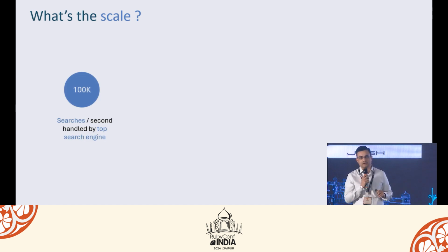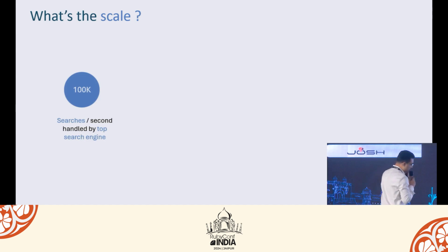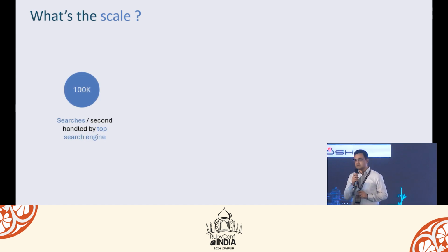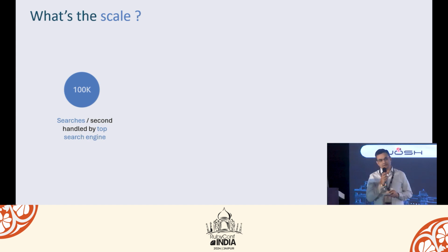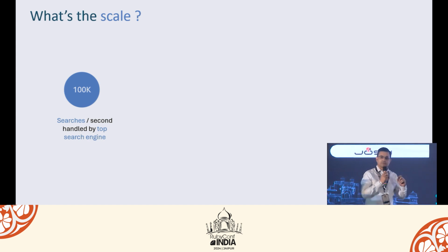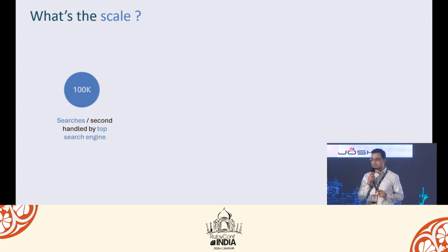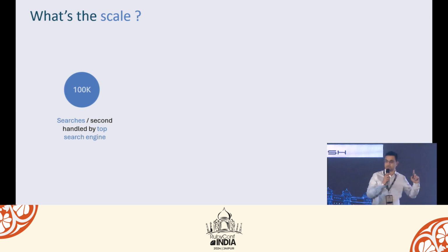So if you look at the top search engine in the world, Google, currently it gets around 100K API requests every second. This is a global number, across the globe.